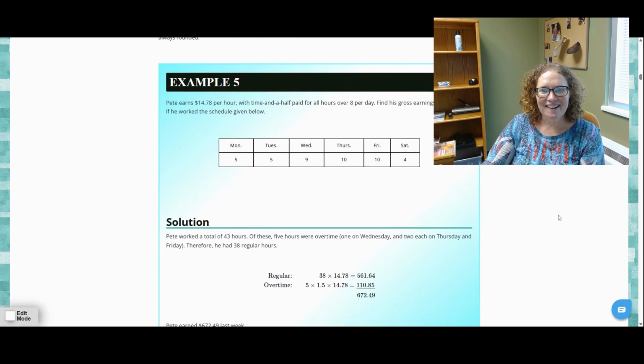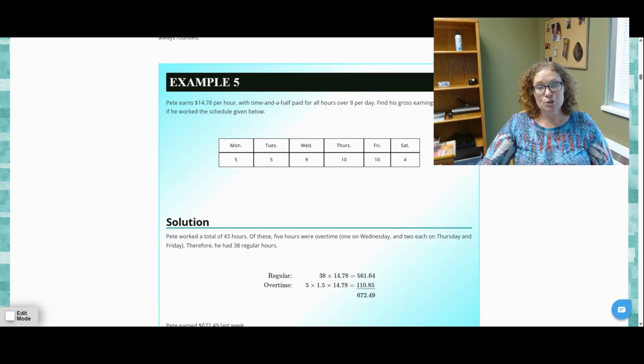Next example. Okay, this one is the 8 hours per day would be the overtime. So Pete earns $14.78 per hour, with time and a half paid for all hours over 8 per day. So we want to find his gross earnings for this week if his schedule was the following schedule.